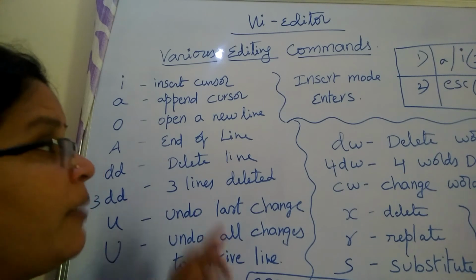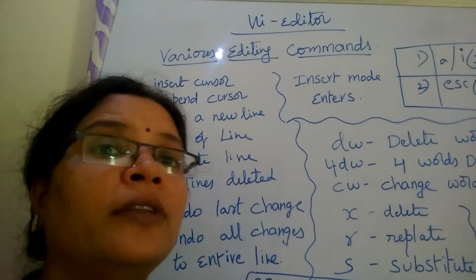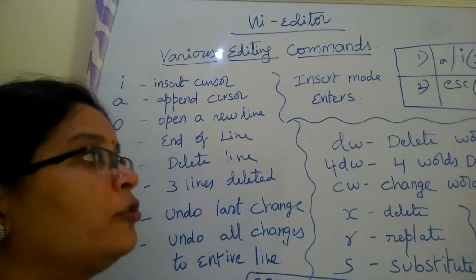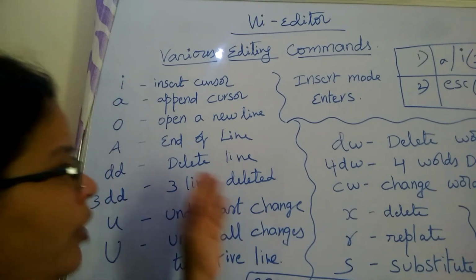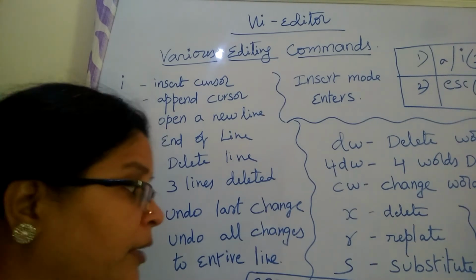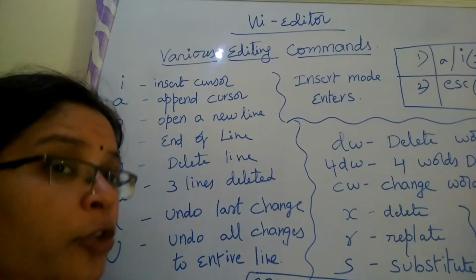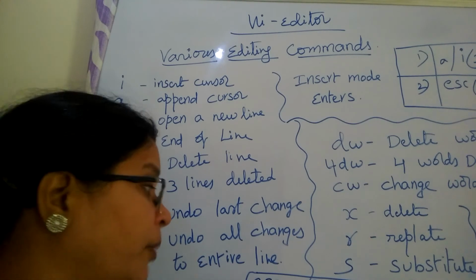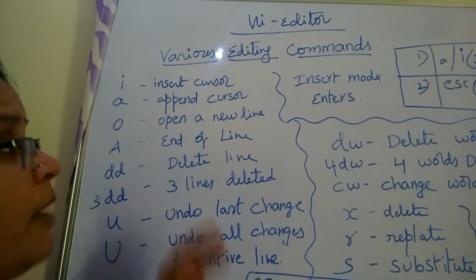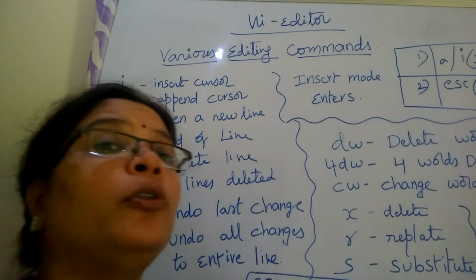But some of the commands won't take you into the insert mode; you can only edit the text whatever you want. What are those commands? We are going to see. Whatever commands I have written here all will work in the command mode only. Remember that. How can you enter into the command mode? After pressing the escape key only. But some of the commands take you from command mode to the insert mode.